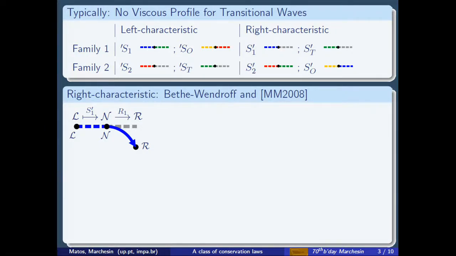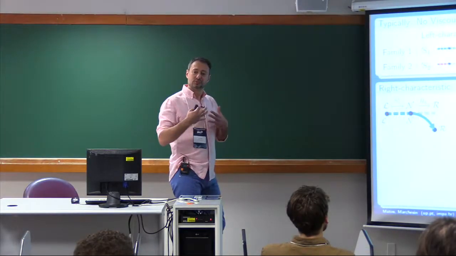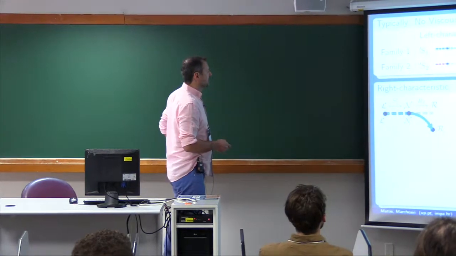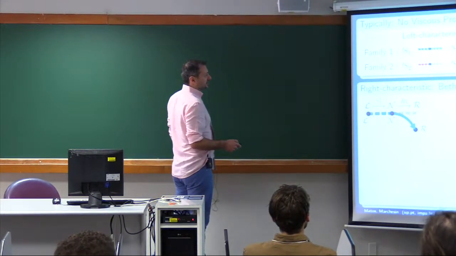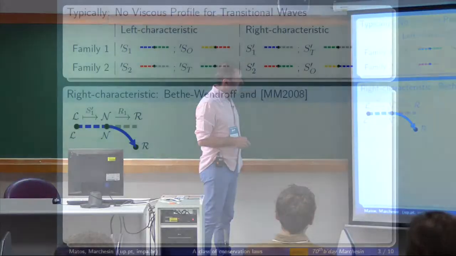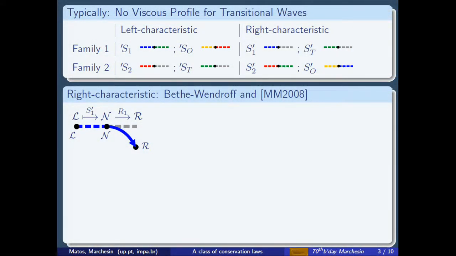Well, this is a classic result from Bettwendorf, and about 10 years ago you used it to construct some non-local solution. What Bettwendorf tells us, when we have a characteristic shock, is, what is a characteristic shock?